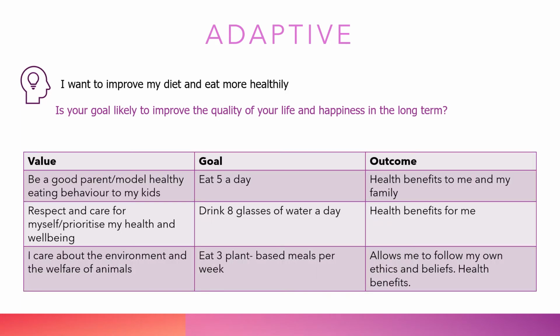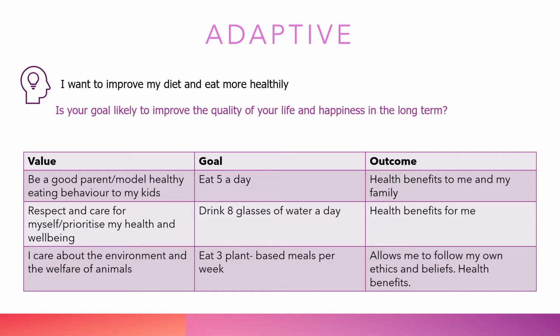So we're going to take a look at our example goals here. The first one that we have is eating 5 a day, linked to the value that we talked about earlier of being a good parent, modeling that healthy behavior to your children. When we're making a list of the potential pluses of this goal, we might include things like health benefits to ourselves.